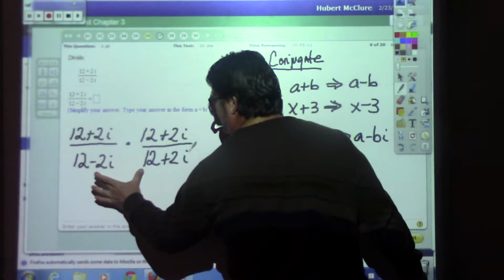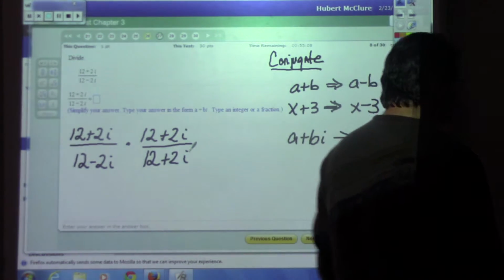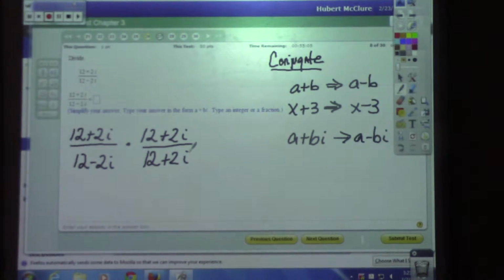So what will that always give you in the denominator? Is it an i squared? You're getting there, but that's not what I'm looking for. What will that always give you in the denominator? A number without a radical? Yeah, that's right, but that's not what I'm looking for. Not the FOIL method, but shortcut number what?